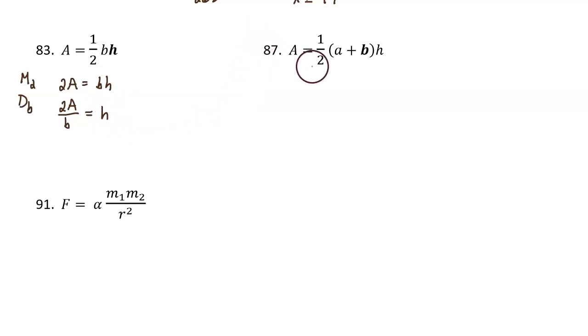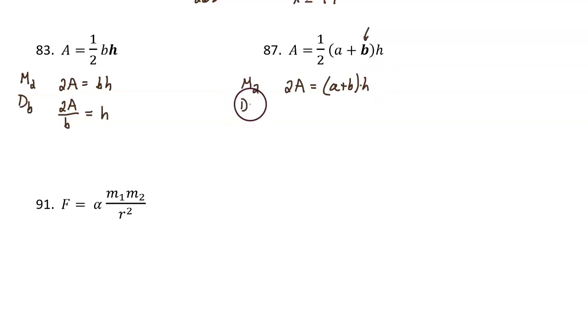In problem 87, we have the area formula for a trapezoid. We're asked to transform it so that the variable b is alone. In the first step, we can multiply both sides by 2. We get 2a is equal to a plus b times h.